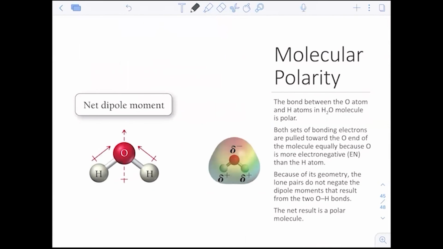Now, water. H2O, if we were to do the Lewis structure, we'd start to see that there are 4 electron groups. There are 2 bonding and 2 lone pairs or non-bonding. And so that would be the tetrahedral geometry, but what we call bent.